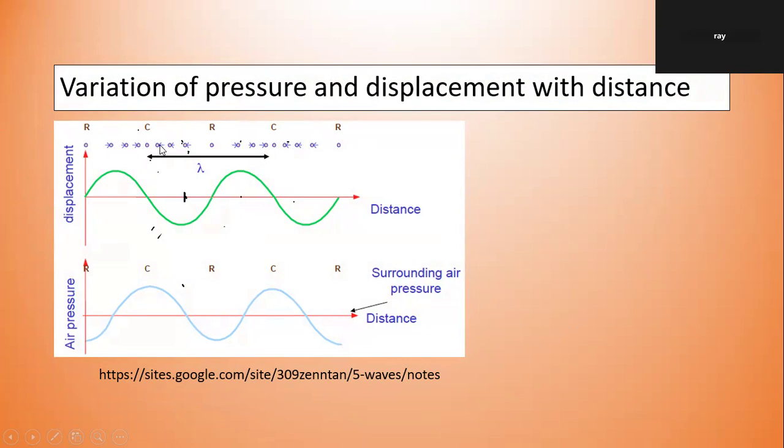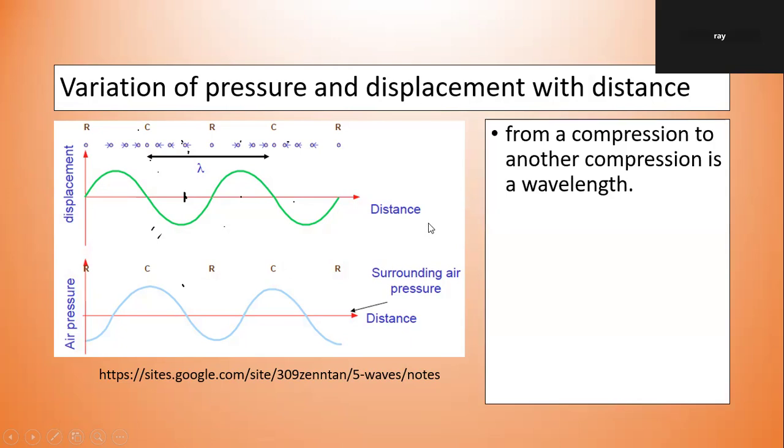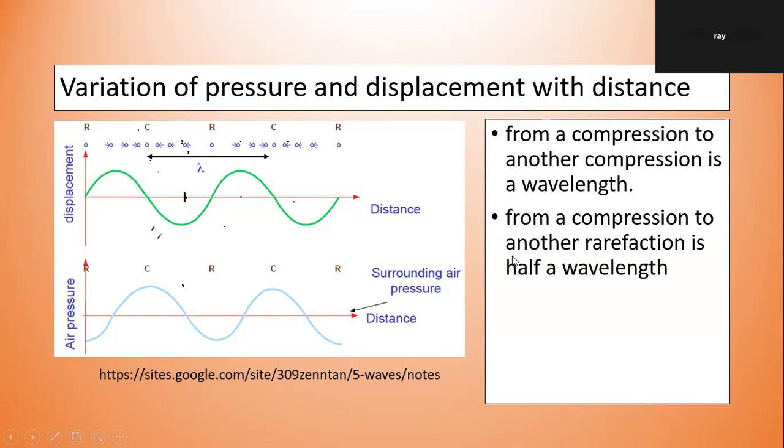At a compression, all the particles are moving towards the compression. Whereas if you look at the rarefaction, they are moving away. They're moving away from the rarefaction. From compression to another compression is a wavelength. Right? Compression to another compression is one wavelength.